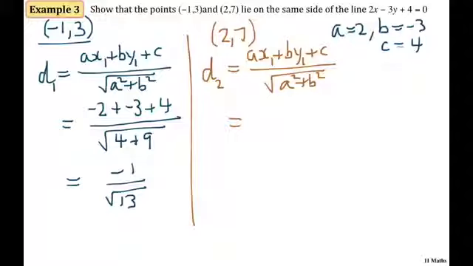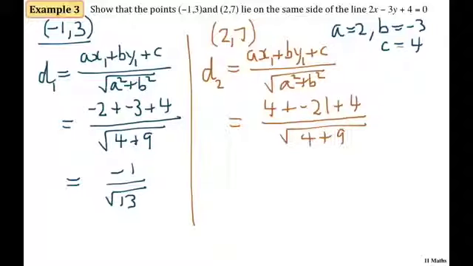A times x1, 2 times 2, plus B times y1, minus 3 times 7, plus the C, over the square root of a squared, well, it's going to be exactly the same as before. 4 plus 9, which equals, now 4 take away 21 is minus 17, plus 4 is minus 13 over the square root of 13.